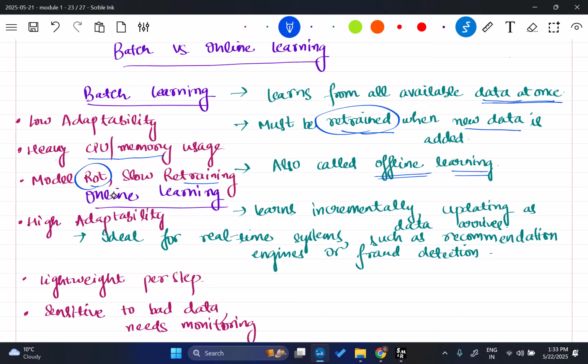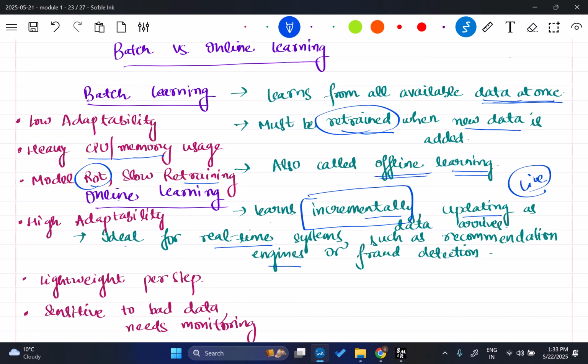But compare it with the next subcategory, online learning, which learns incrementally, updating as the data arrives. It's like a live scenario. Wherever you have new live data, the model is improving its knowledge on the go. So it is ideal for real-time systems such as recommendation engines. If you watched a movie today, Netflix is going to recommend similar movies from tomorrow onwards.